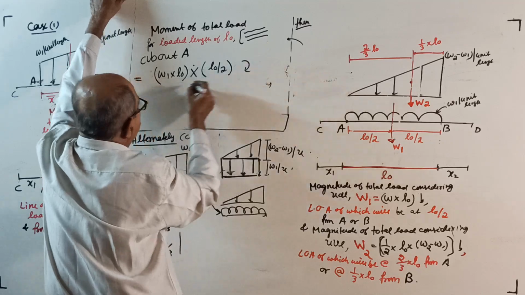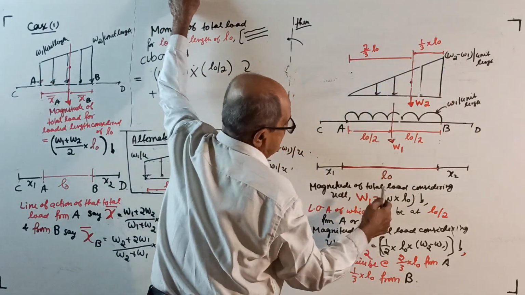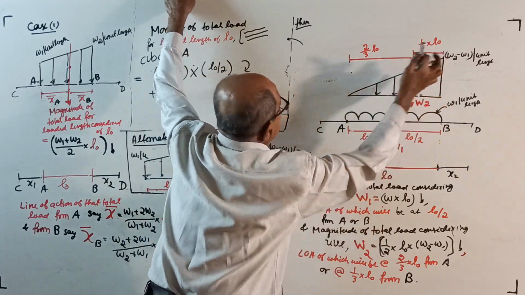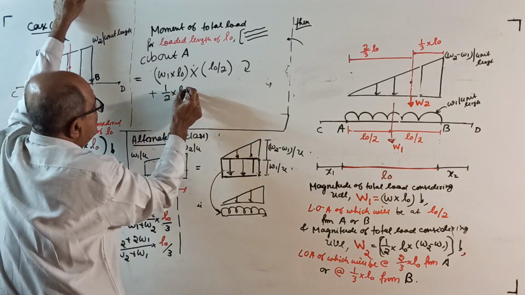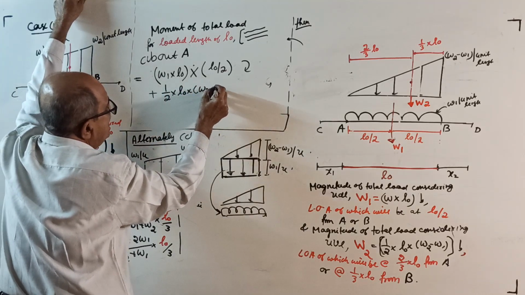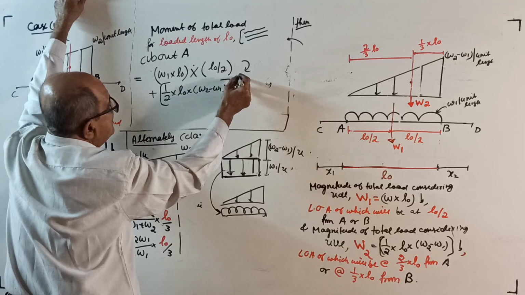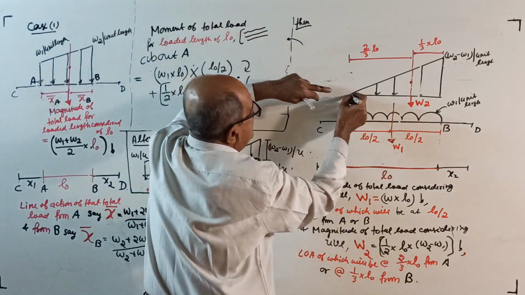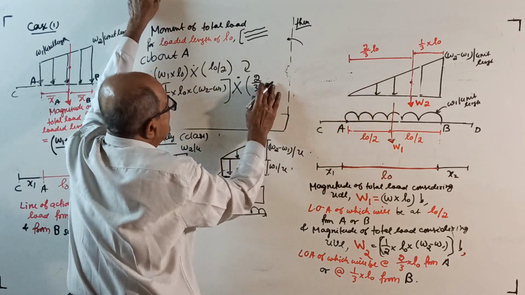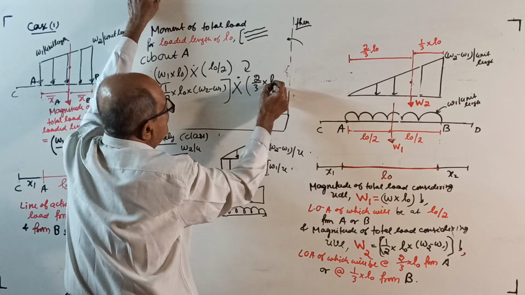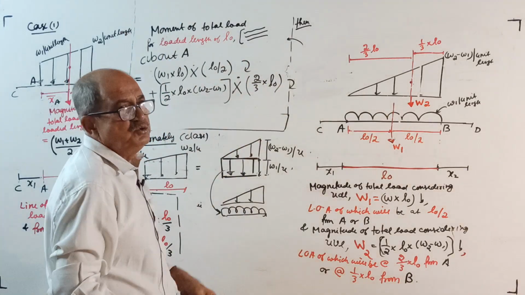That is clockwise, plus the moment of this load: half into L0 into W2 minus W1 is the total load, multiplied by 2 by 3 of L0 from here to the line of action. This also is clockwise. Add those two, you get the moment.